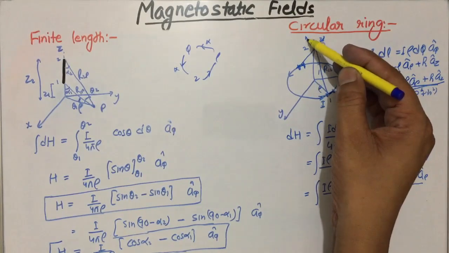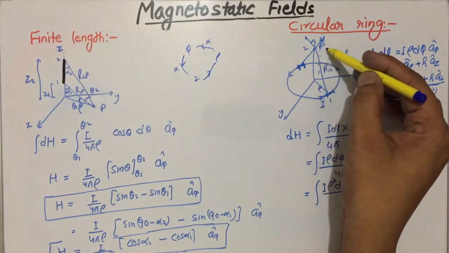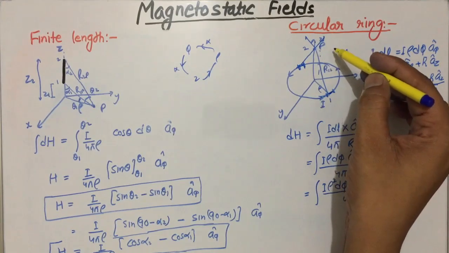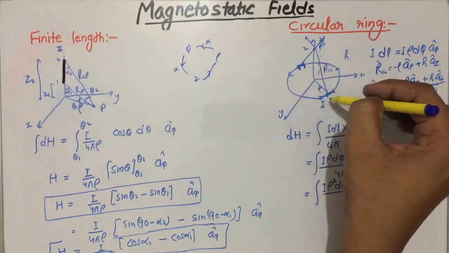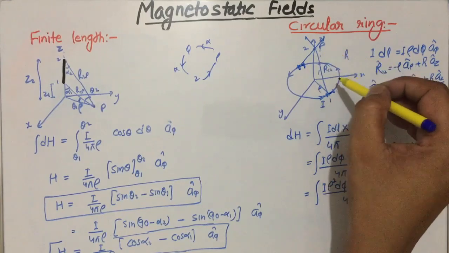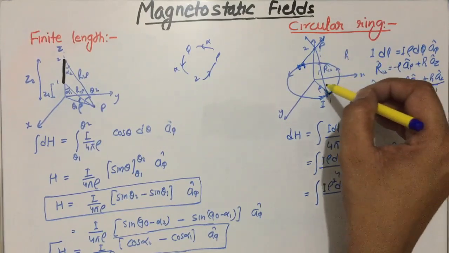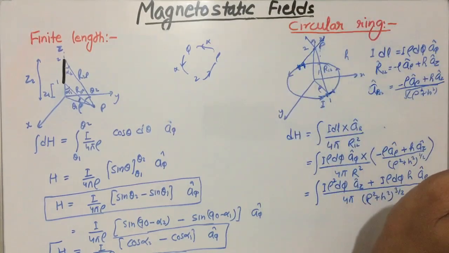The component of this in this direction and the component of this in this direction will be cancelled out. So due to the symmetrical nature, the component in the rho direction will be cancelled out for all the cases.